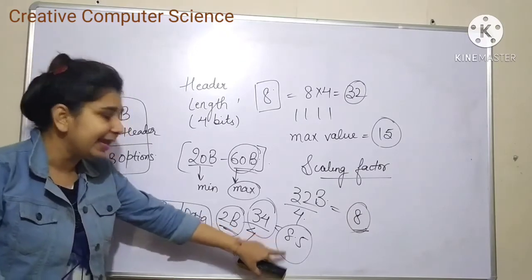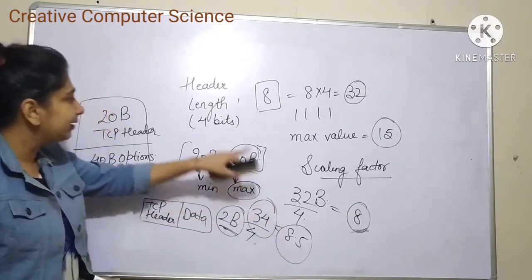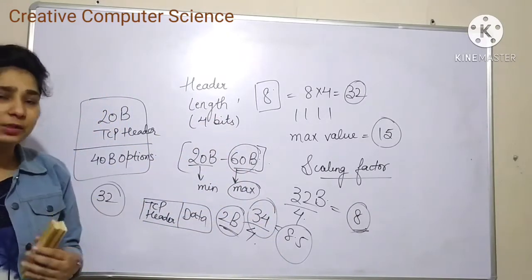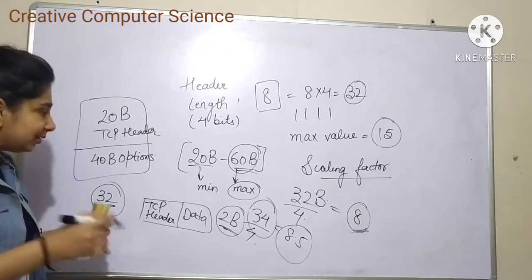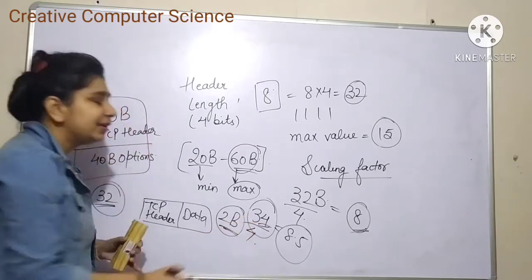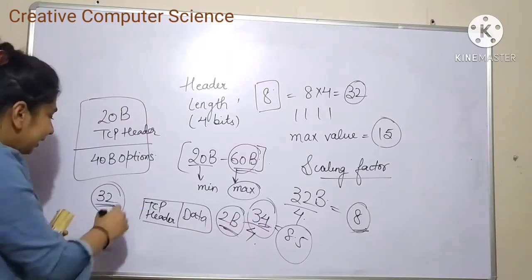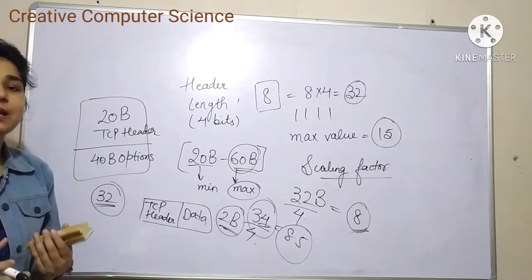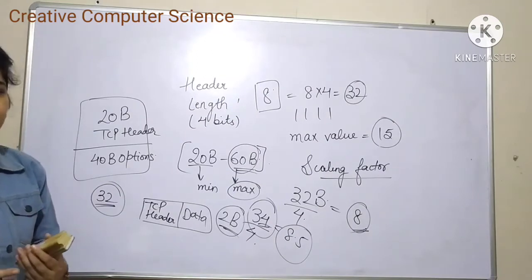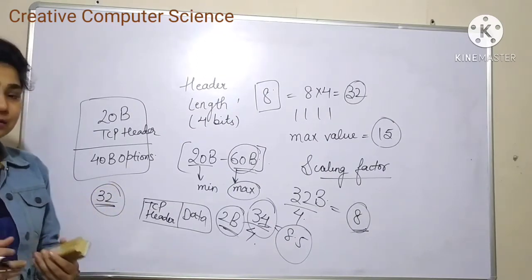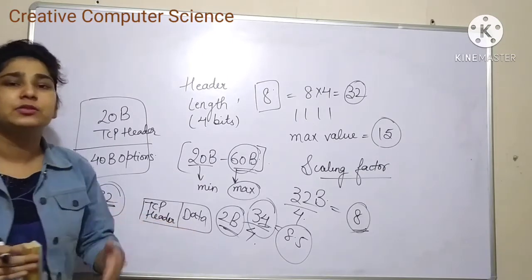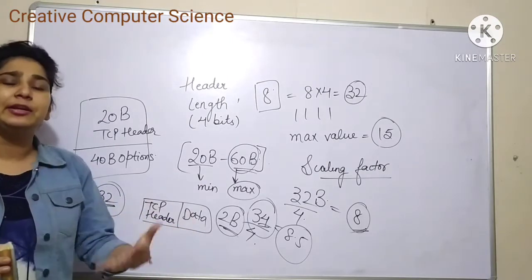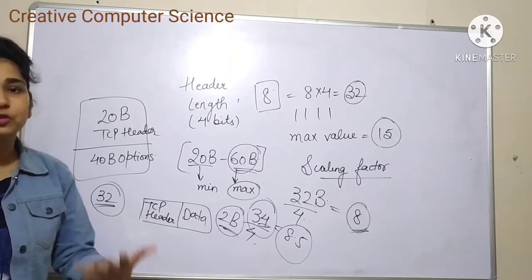If you are taking 8 in the header length field, what does it mean? That the length of your header is 32 bytes. So the remaining bytes of these 34 bytes are going to be considered as part of the data. So if you do like this, the original content of your message is getting disturbed. The original content of your message is going to be changed.